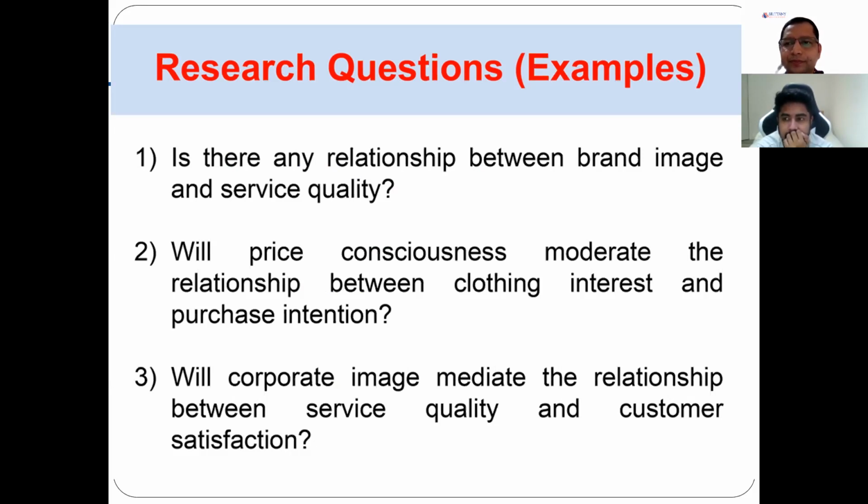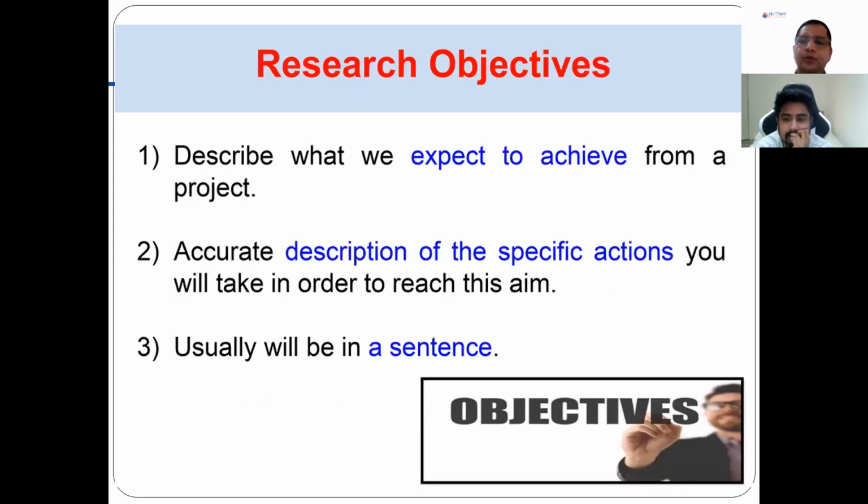Is it clear to you? Yeah. All right. This is simple, but you need to know how to write. And then research objectives describe what we expect to achieve from a project. I mean, out of this research, what are the expectations? So you need to write it. These are the research objectives, and you need to write them in a very accurate manner.